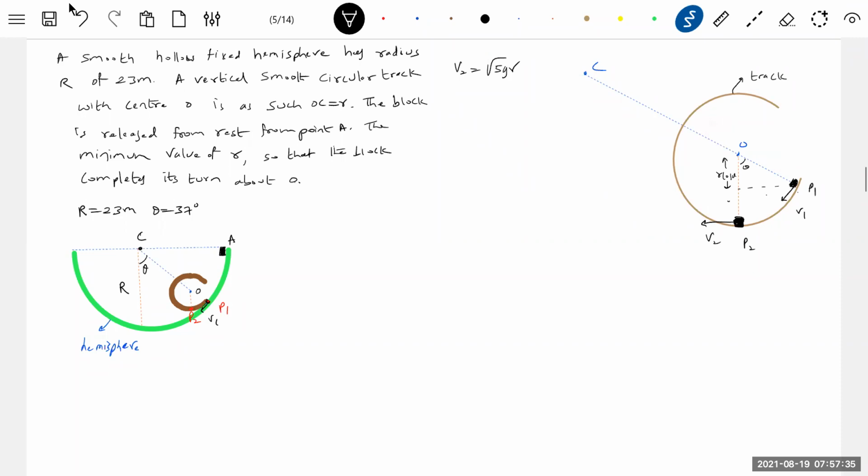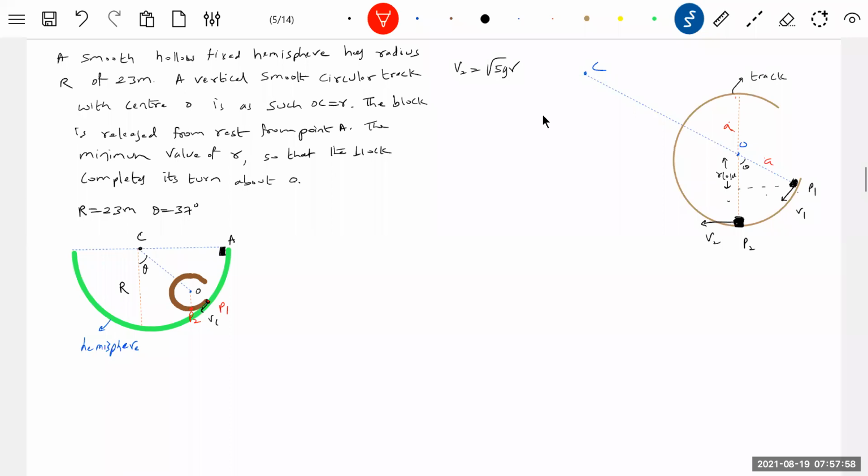Then we'll assume some other symbol. Radius of this we'll take R naught, some A we'll take. Let A be the radius of that. Okay, I made changes. OC equal to R, that one.